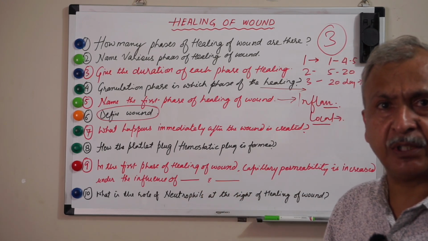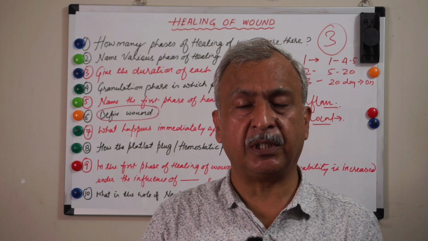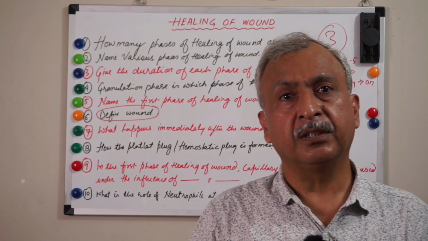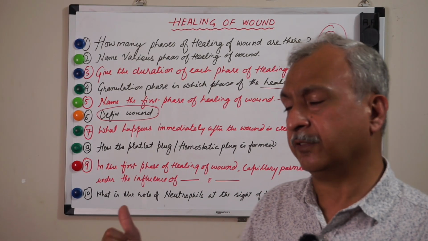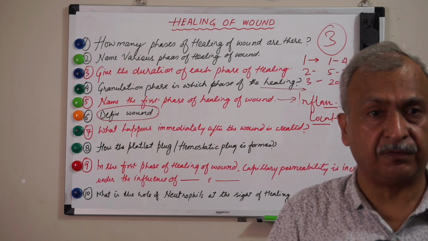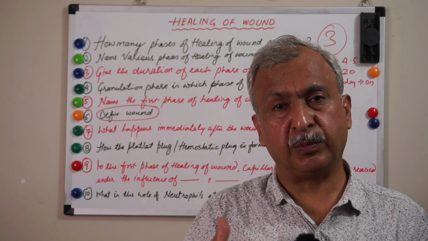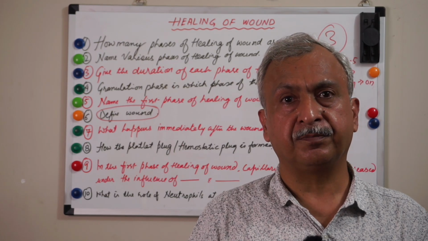These are the chemicals which increase the capillary permeability, and they are produced by the various cellular elements accumulating at the site of the wound.